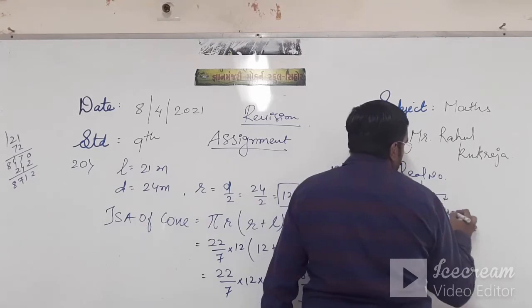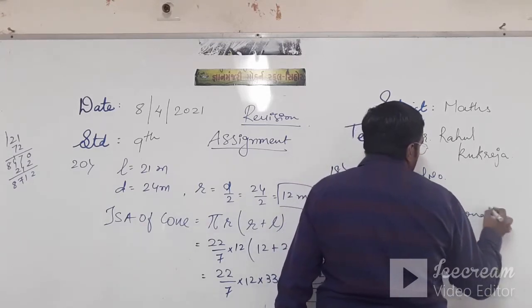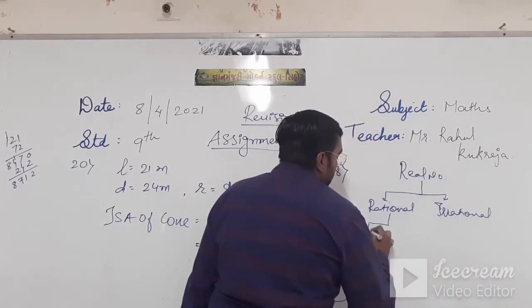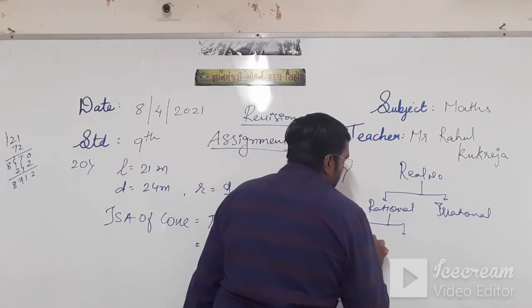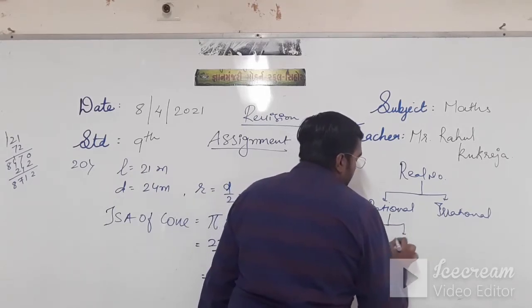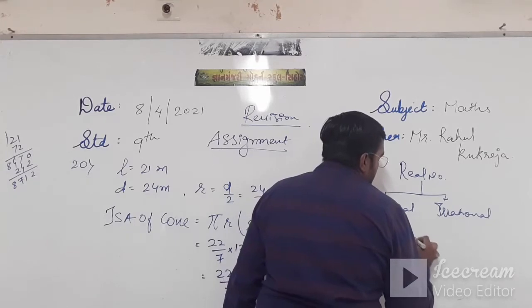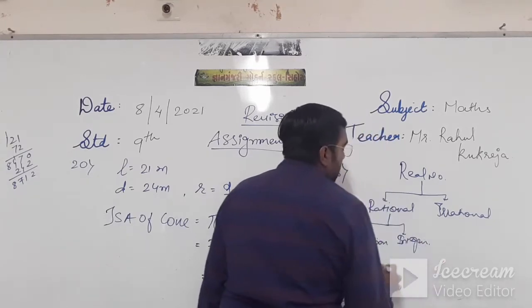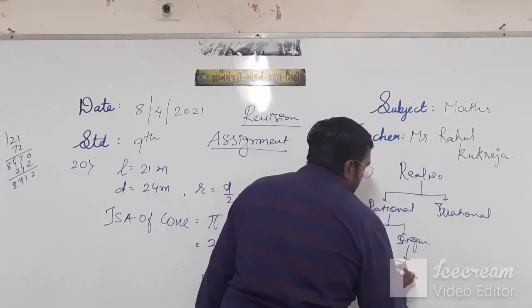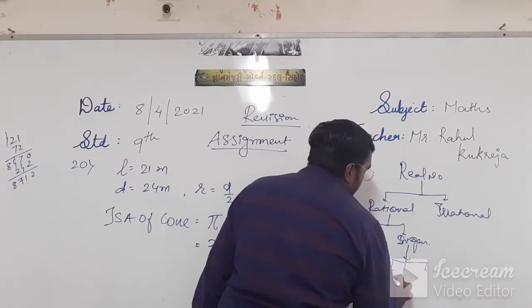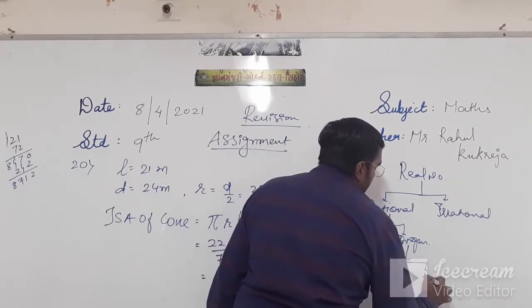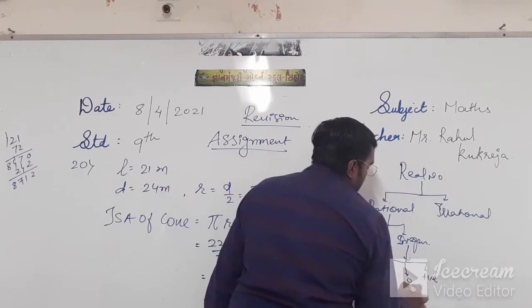Clear? We know that. And rational numbers have two parts: one is fractions, and one is integers. In integers there are again negative values, positive values, and 0.